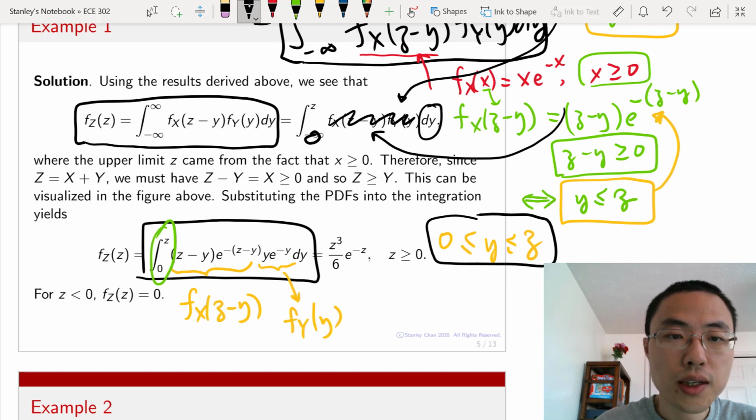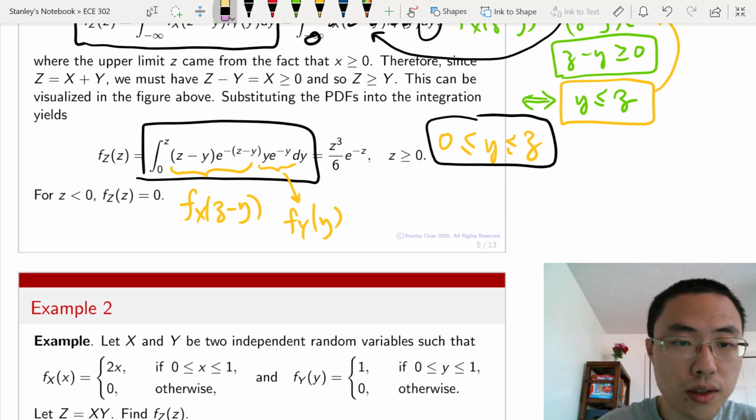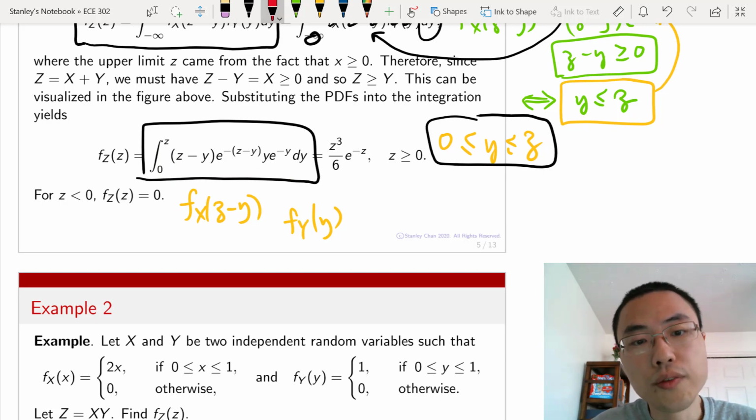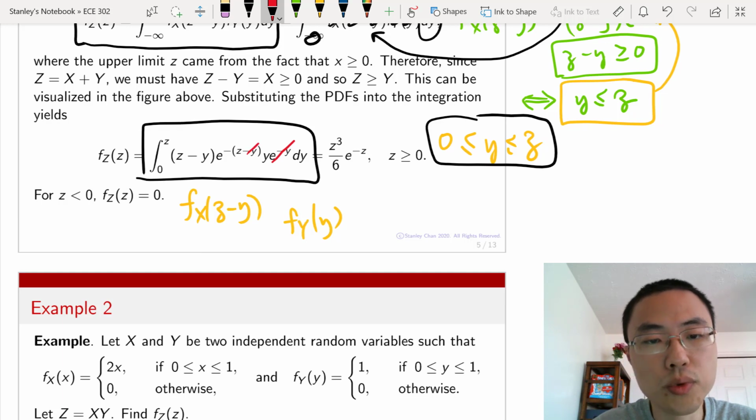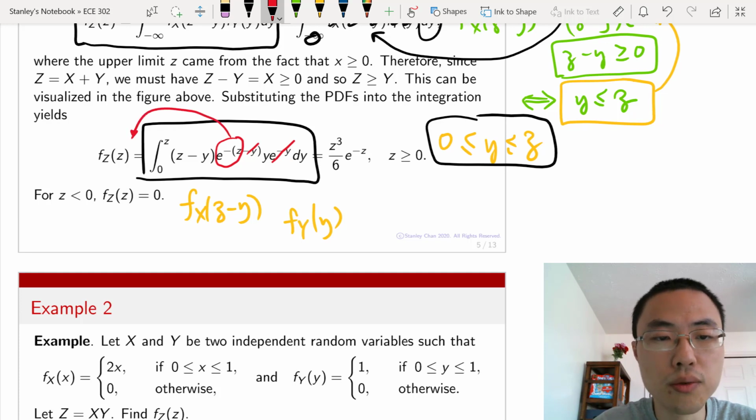So if you plug everything in, then you notice that this calculation is not too terrible. Why? Let me erase these equations. You have this e to the minus y, and then you have e to the plus y, so these will be gone. And then you have this e to the power minus z, but that has nothing to do with your integration with respect to y, so you can pull it outside the integration.